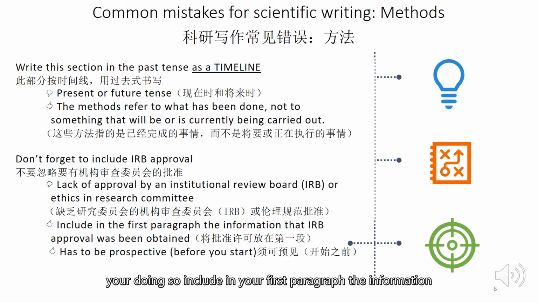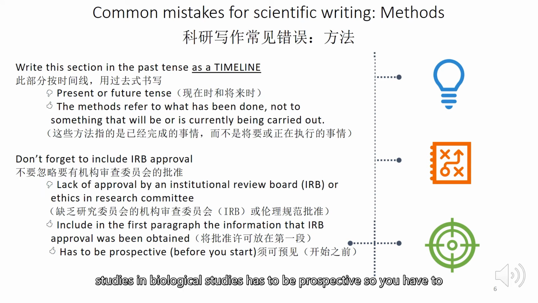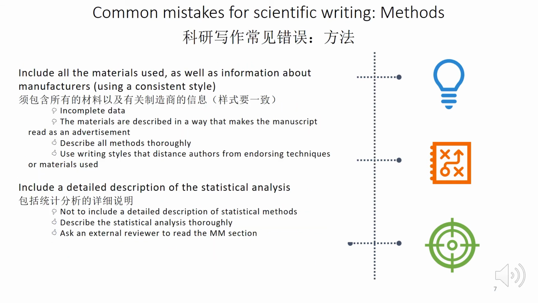So include in your first paragraph the information that institutional review board approval has been obtained, and this, often in medical studies, in biological studies, has to be prospective. So you have to have the approval before you start the study.